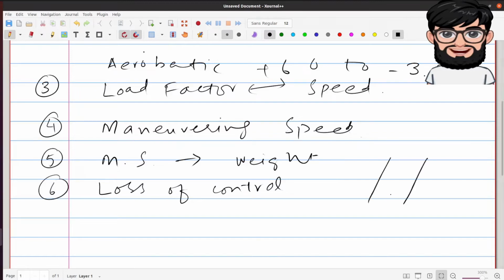So if this is the flight path of an aircraft and the aircraft is going like this, that's a deviation from the intended flight path, and it often results from an airplane upset. Maneuvering is the most common phase of flight for loss of control accidents to occur.